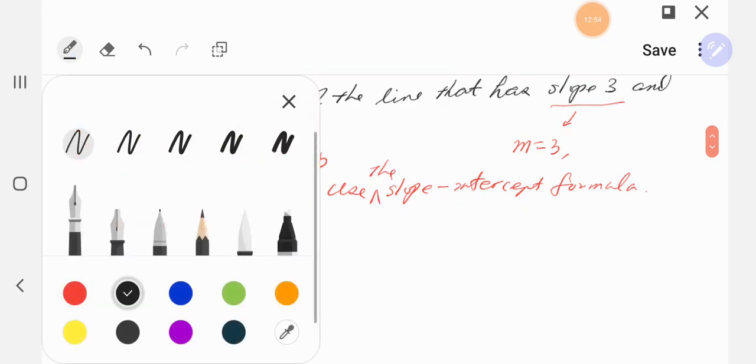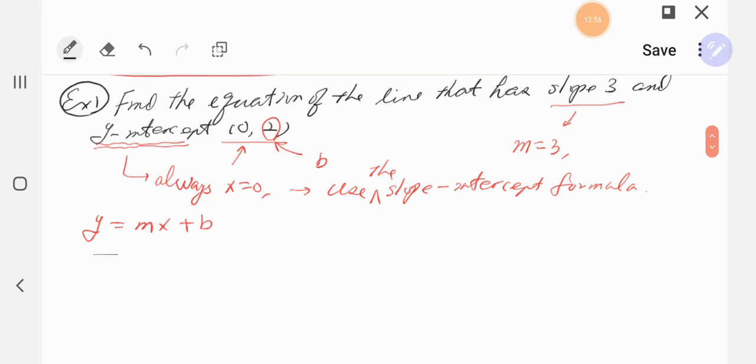It's much easier. In this case, y equals m, which is given as 3, x. Then the b value is 2, right? That's it. Done.